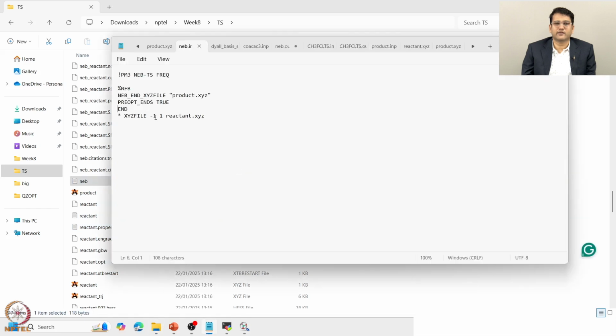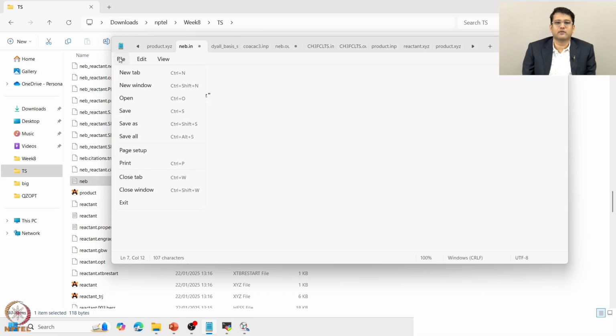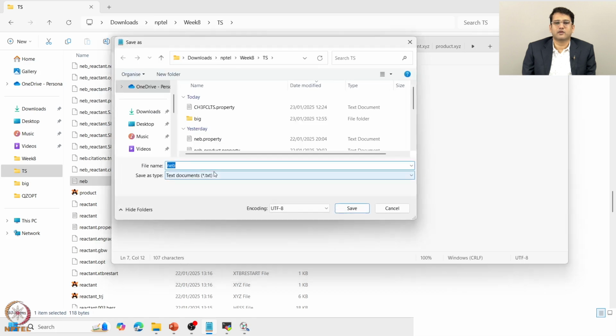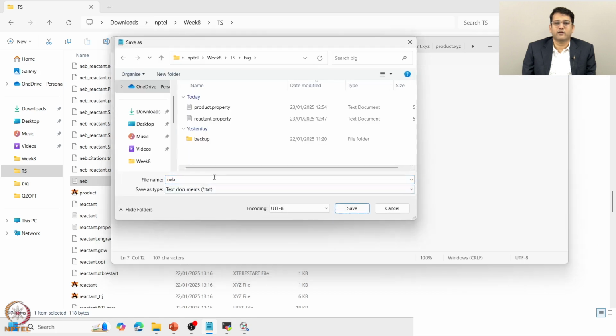Everything will remain the same. The only thing is that now it's 0 and 1, and I save it inside the directory as a neb.input file.